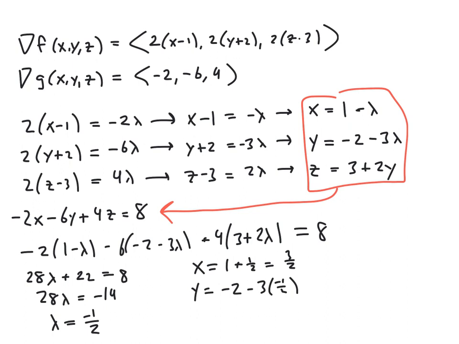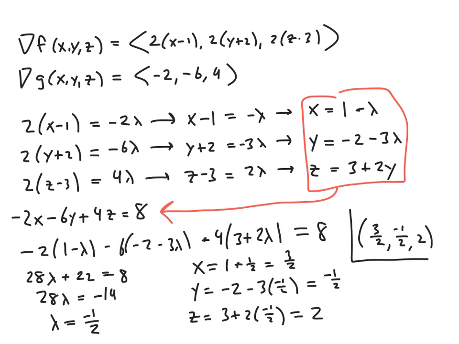So negative 2 plus 3/2, that will be negative 1/2. And z will be 3 plus 2 times negative 1/2, which will be 3 minus 1, which is 2. And so the point on the given plane that is closest to the given point has coordinates 3/2, negative 1/2, and 2.